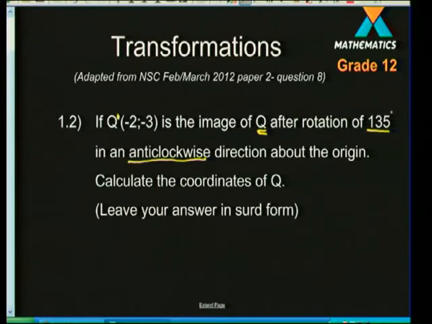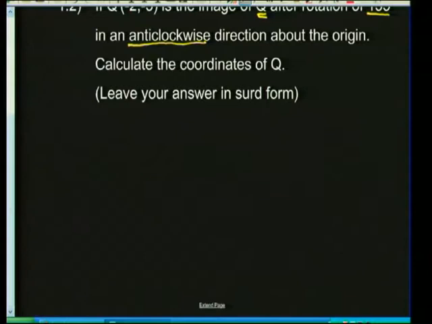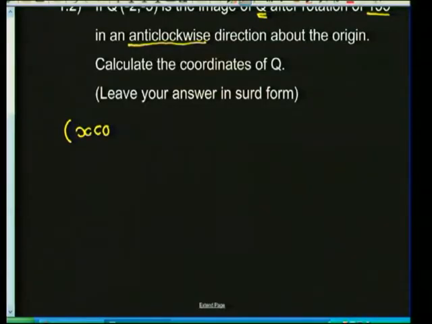Okay. Right, grade 12s. The first thing we need to be aware of is the formula that we are going to use when I'm rotating any degree about the origin. To work out the x coordinate, we say x cos theta minus y sine theta, and that's going to give you the image of the x coordinates.